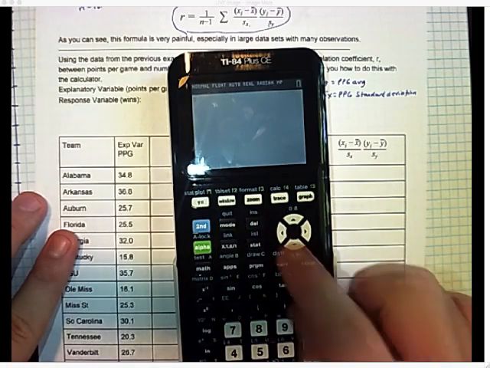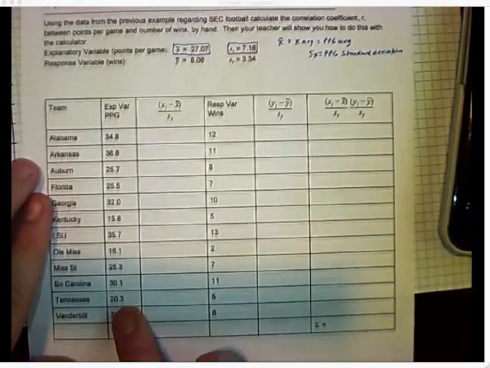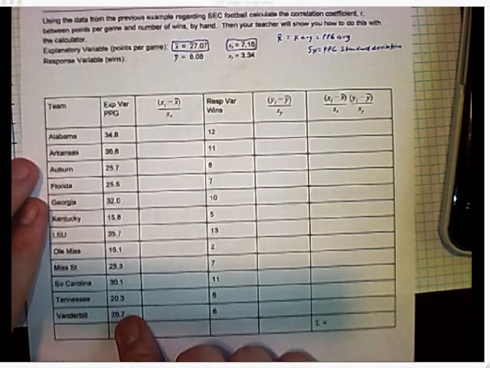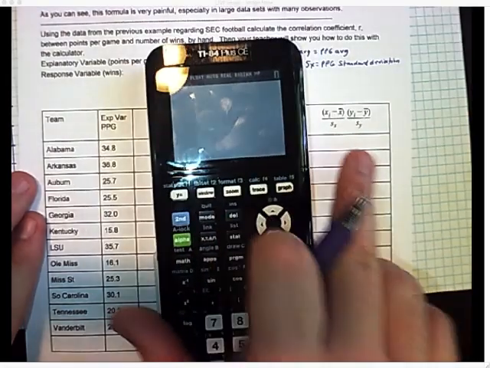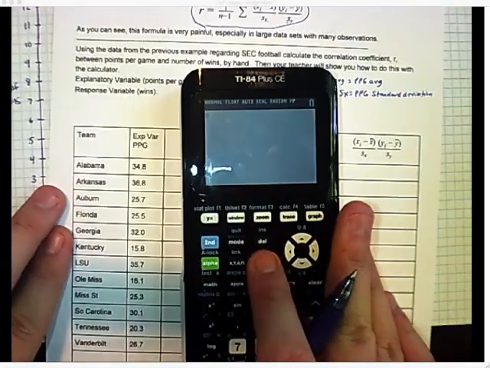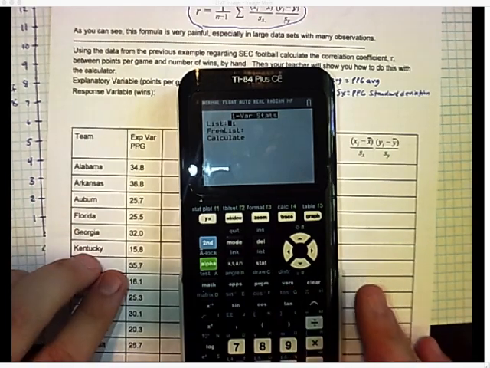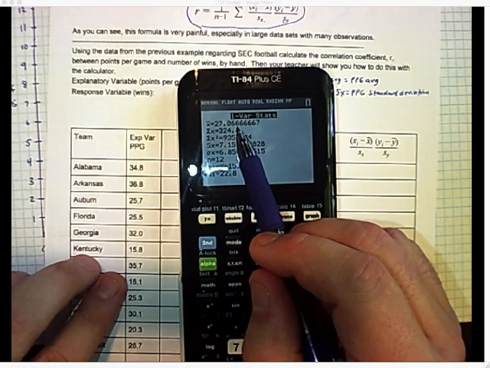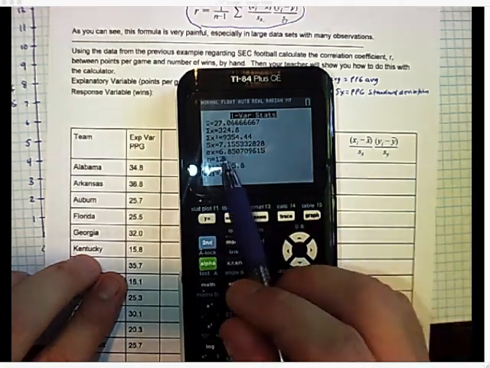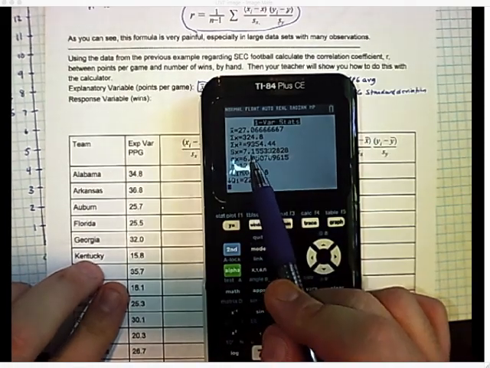If I added up all of these points per game for all 12 teams and then divided by 12, I would get 27.07. So if I ran one variable stats, if I went stat, calculate, one variable stats for list 1, there's my average, 27.07. And this standard deviation here, the 7.16, I'm getting that right there.